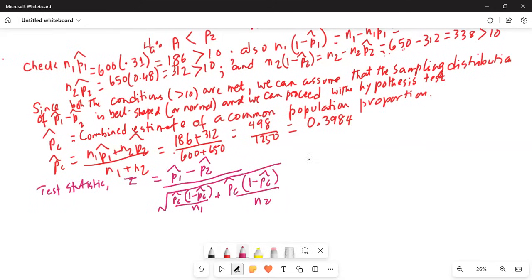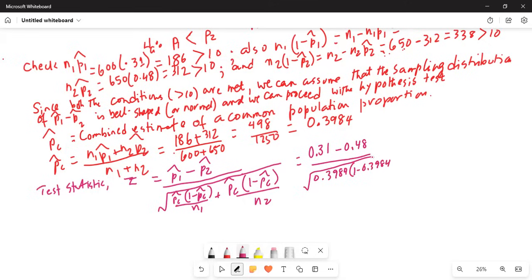Okay. So now let's plug in the values, which we already know. P1 hat is 0.31. P2 hat is 0.48. So we are comparing the two sample proportions and then dividing by the standard deviation of the sampling distribution of the difference, P1 hat minus P2 hat. And that is equal to, we'll plug in the values, 0.3984 times 1 minus 0.3984.